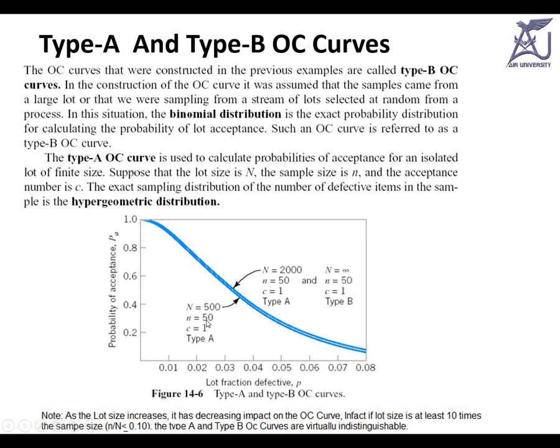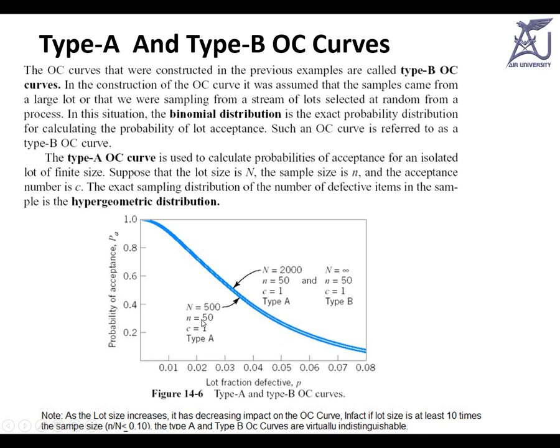And if this sample size n is equal to 10% of the lot size, right now it is 10%, 500, if you multiply by 10%, you will get 50. So if your sample size n over N is less than or equal to 10%, then type A and type B curves are virtually indistinguishable. Like you can see here, they are very close to each other.